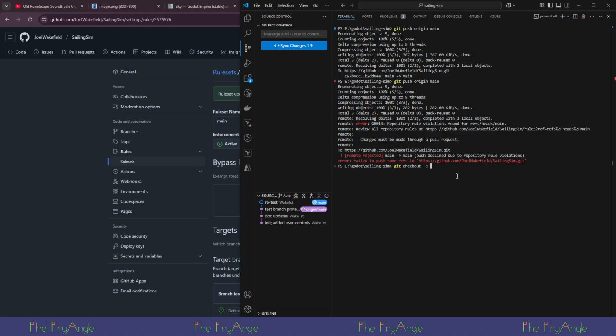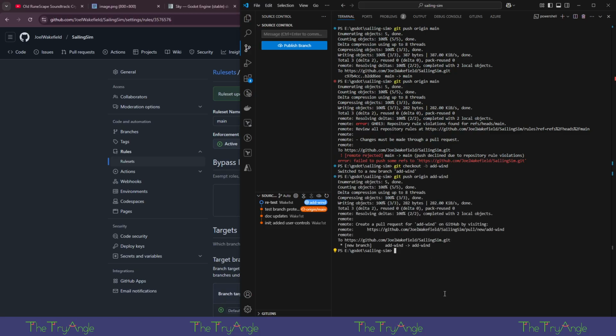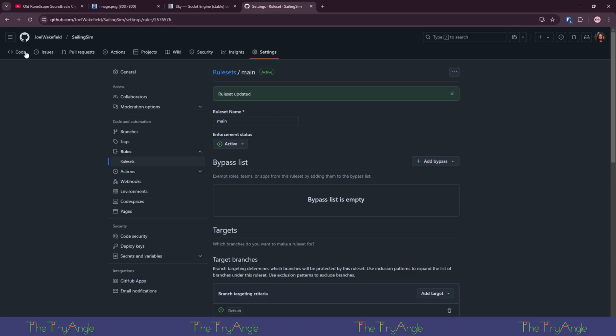We should add wind. Yes. Excellent. And we should be able to push this branch, which we have.